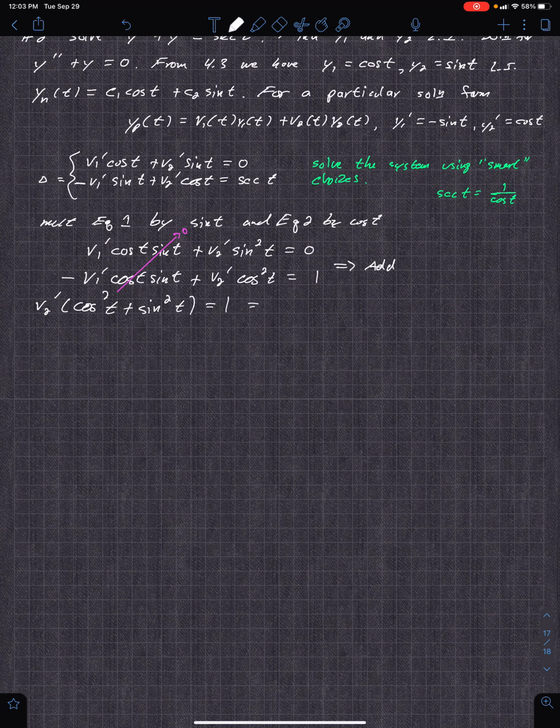Of course that's the Pythagorean identity, which is 1. So that implies v2 prime is equal to 1. And then back substitution: take this 1 and put it into the previous equation back here, and solve for v1.